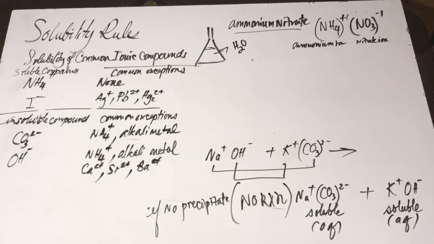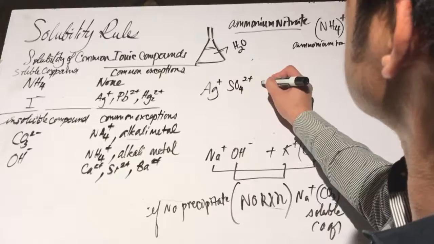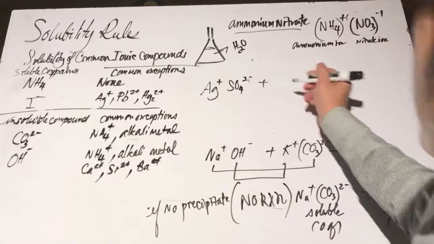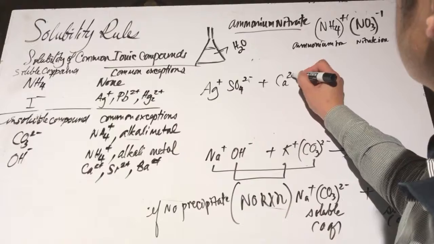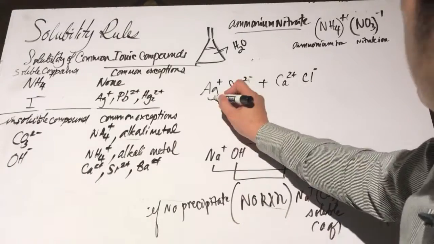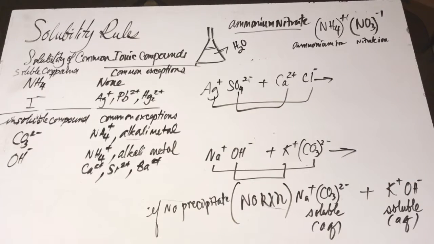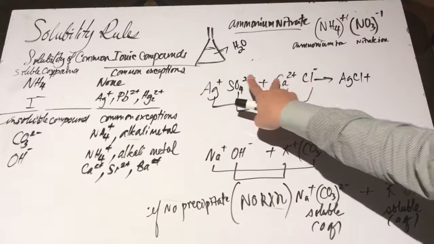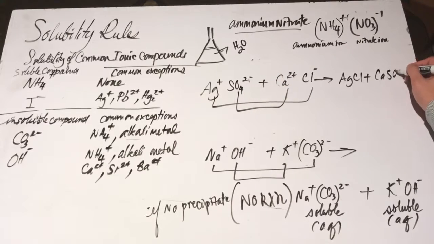Let's try silver sulfate. Silver sulfate reacts with calcium chloride. Remember, we have an exchange. Let's look at the two different products that I have. That would be AgCl plus calcium sulfate. The charges are the same, so basically I can just cancel them out.